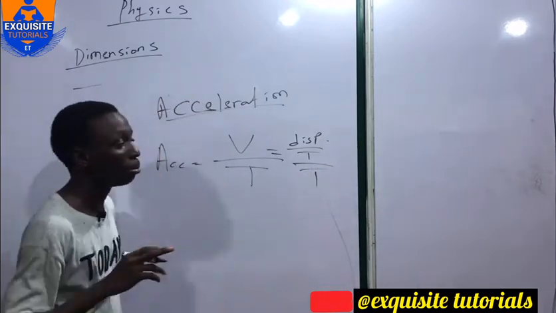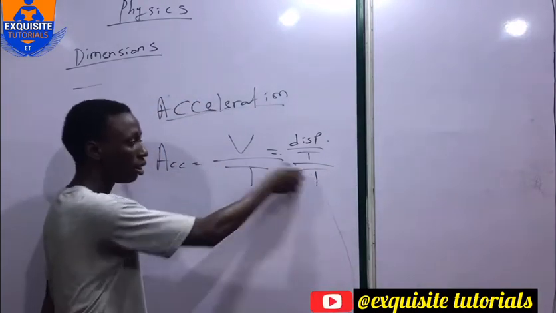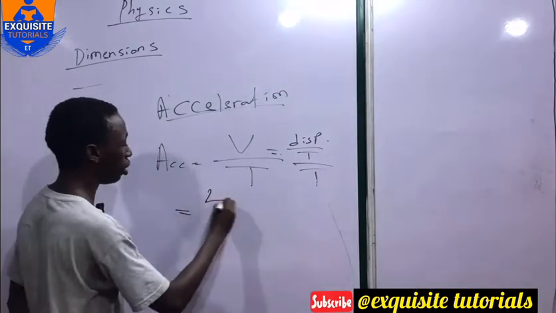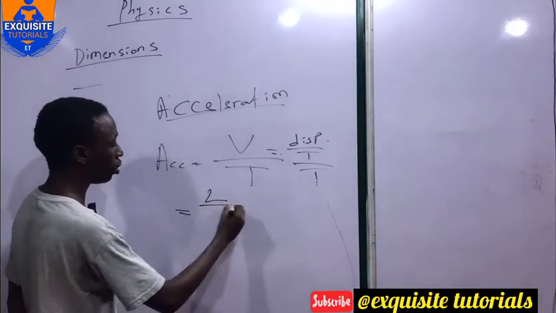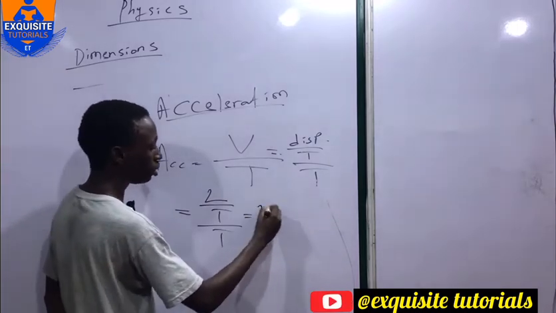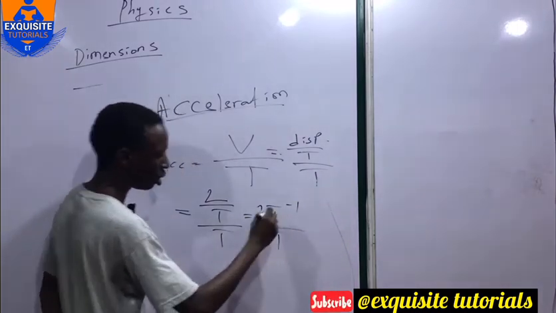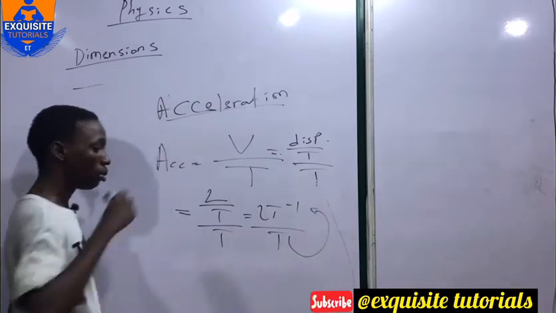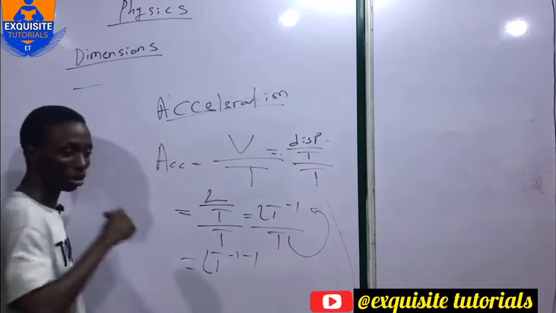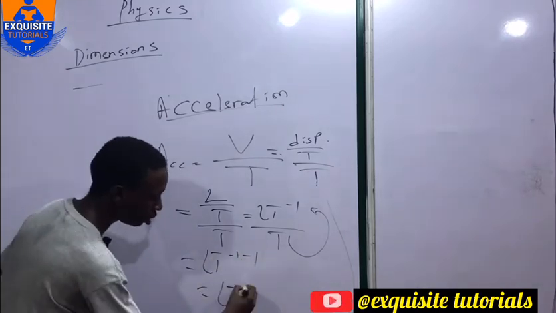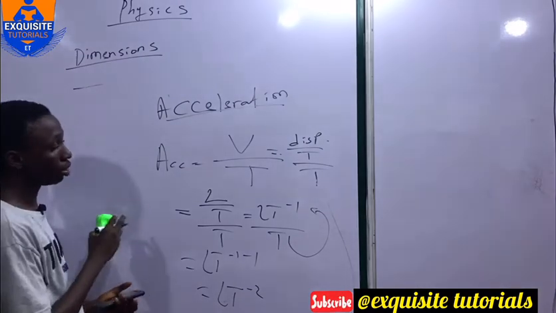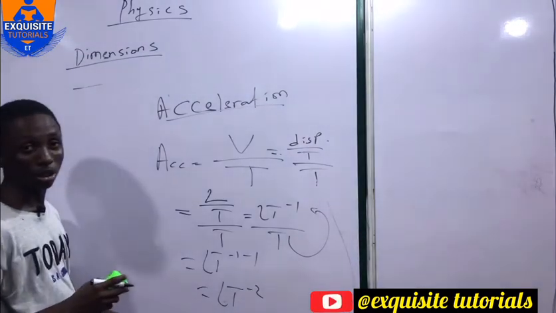Displacement is length, represented as L, so this gives LT to the minus 1 over T. Now for this T to come up, we'll have LT to the minus 1 minus 1, that will be equal to LT to the minus 2. Hope you all get. So acceleration will be LT to the minus 2.